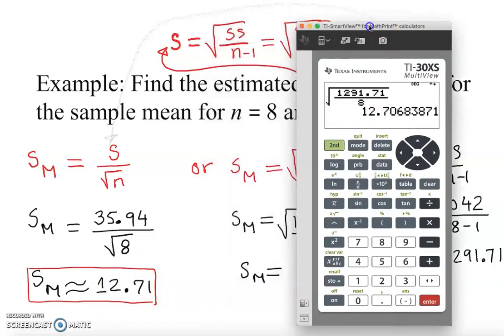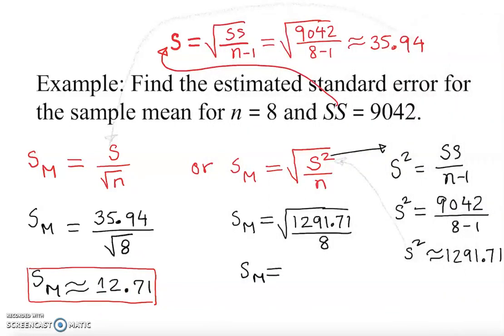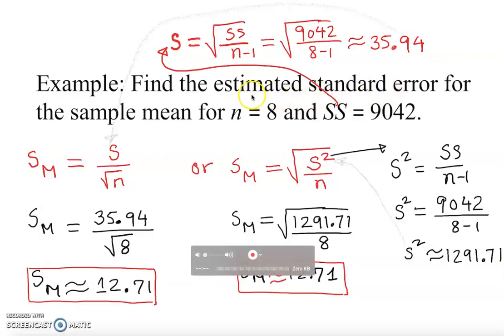We did it two different ways and got the same answer. So we did a good job here, right? 12.71, and obviously that is approximate, so we put down the approximate symbol. Both times we have the same answer. I hope you understand when to use which formula, and based on that you adjust and find the estimated standard error of the mean. Thank you.